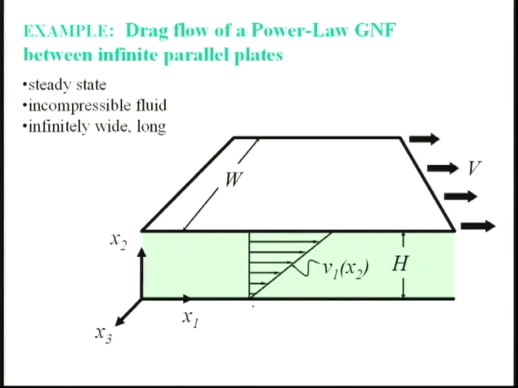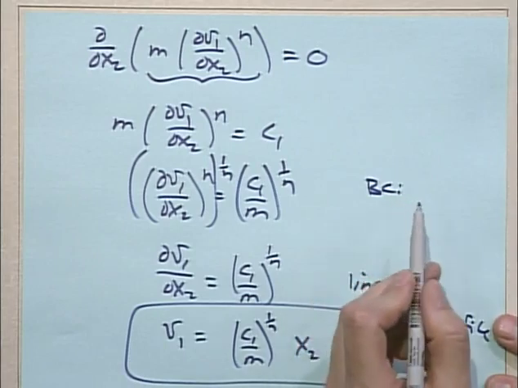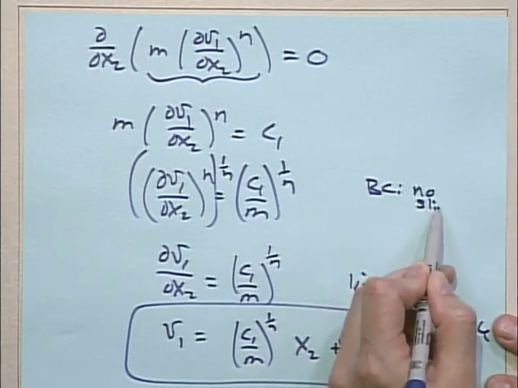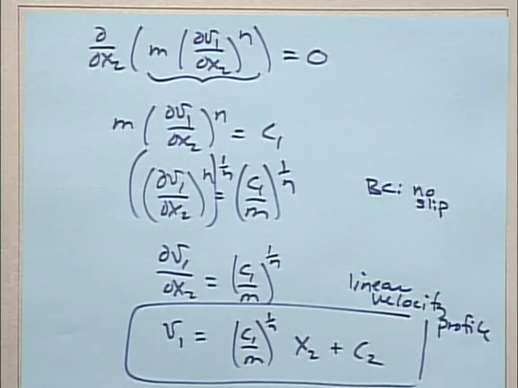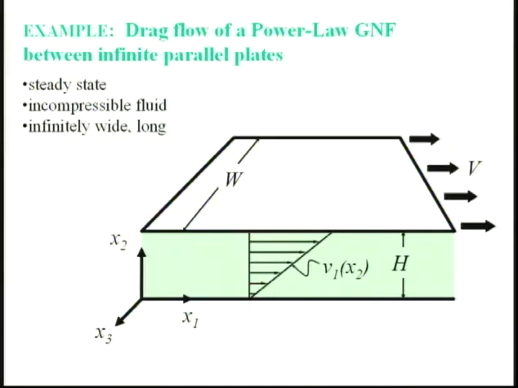If we want the stress, we have to evaluate the boundary condition. Those are simple. Boundary condition of no slip at the wall. At the top wall, it tells us the velocity is equal to v. At the bottom wall, it's equal to 0.